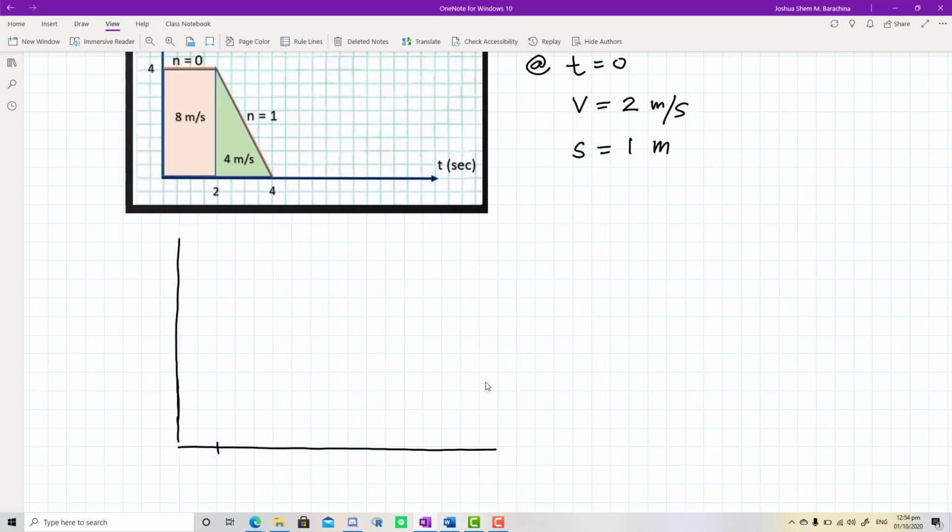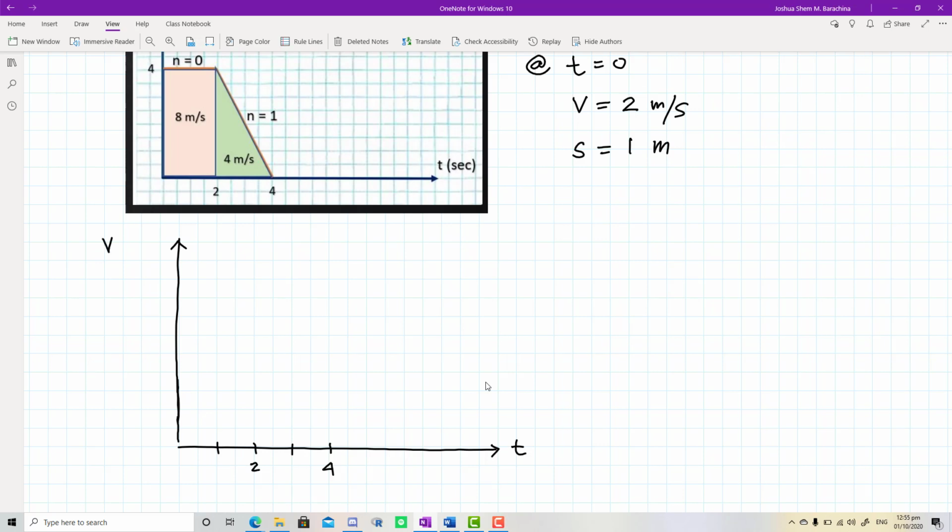So, we will have, this is your time position. 1, 2, 3, and 4 para sa ating x-axis. You will have your velocity here.